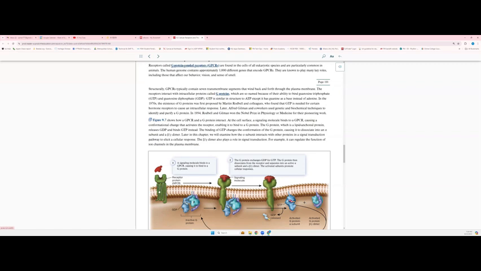They fold together, and the receptor interacts with an intracellular protein called the G protein. For example, this is the G protein, and that's the ligand. Why is it called the G protein? Because it can bind to guanosine triphosphate and guanosine diphosphate.